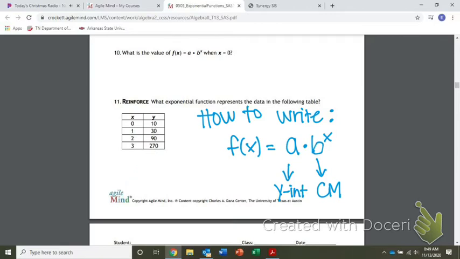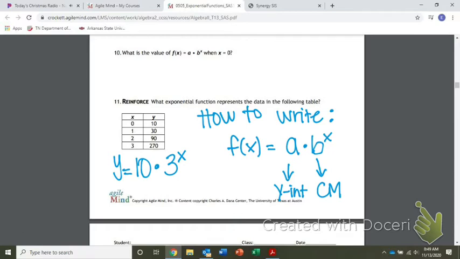All right, so for this one, y equals, what's my y-intercept in that graph or in that chart? 10. So I've got 10 times. What is my constant multiplier? What are those y values doing every time? I'm multiplying by 3. So my constant multiplier is 3 to the x.